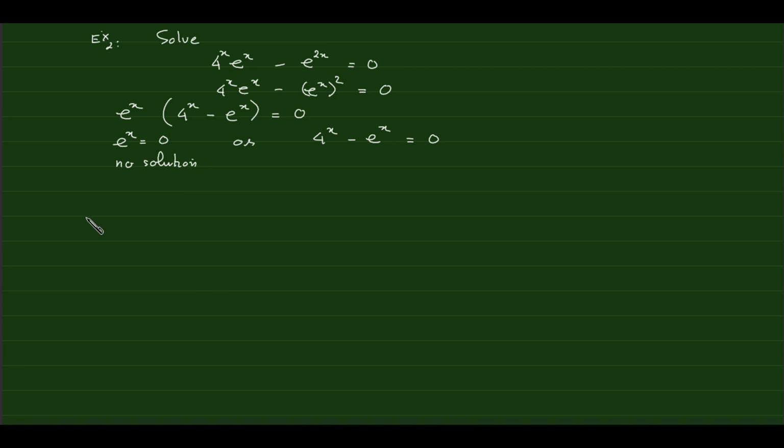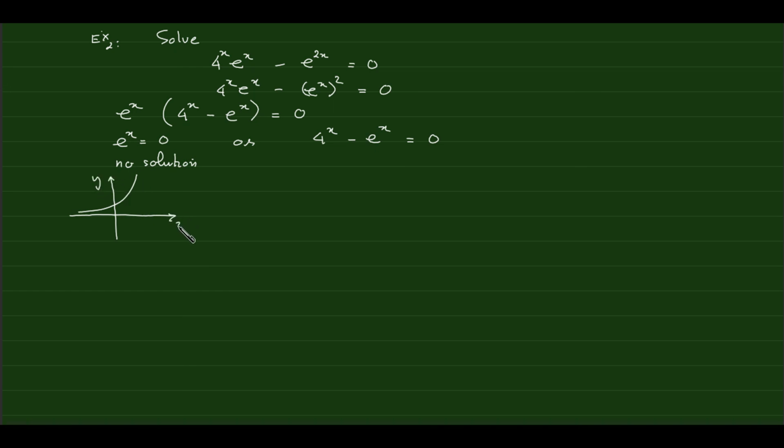Because remember, for any e to the x function, the graph goes like that, and there's no point equal to 0 here. The range is always greater than 0. It never can be 0. So there's no solution here.